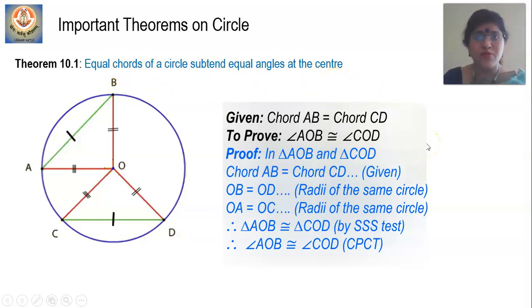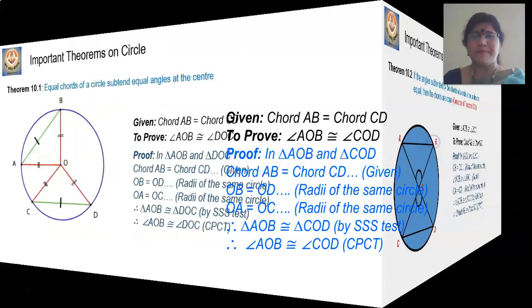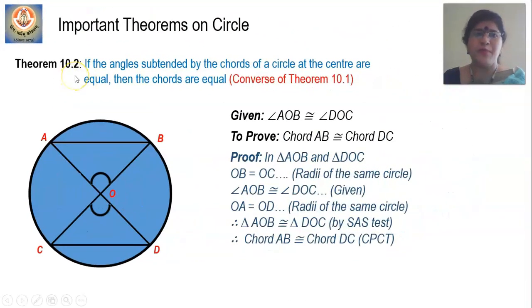Now we move on to another theorem, that is the converse of this theorem, the converse of theorem 10.1. Theorem 10.2. If angles subtended by the chords of a circle at the center are equal, then the chords are equal. Like I mentioned, it is the converse of the earlier theorem.